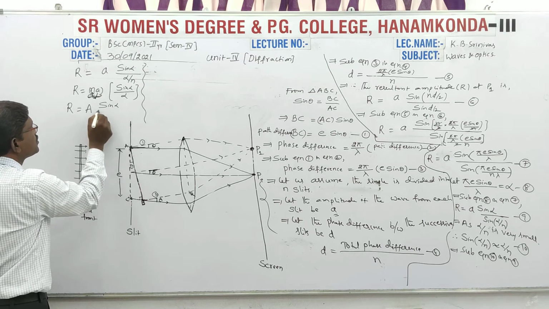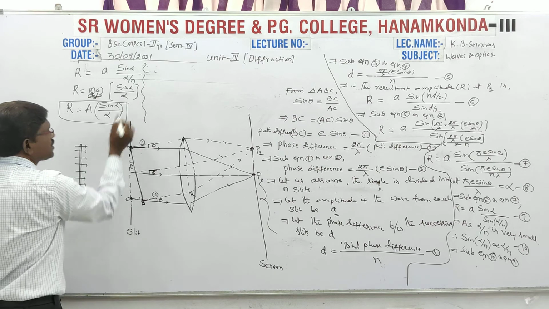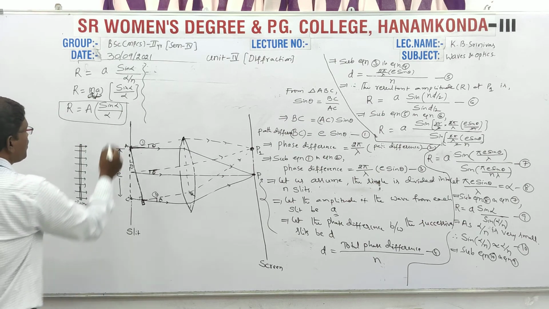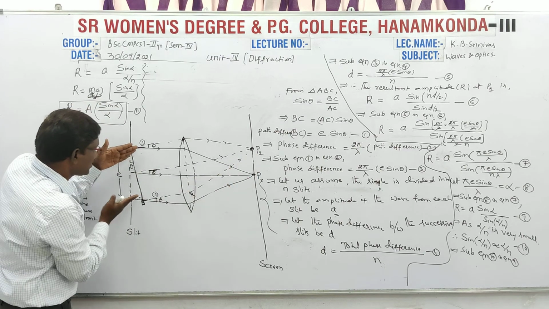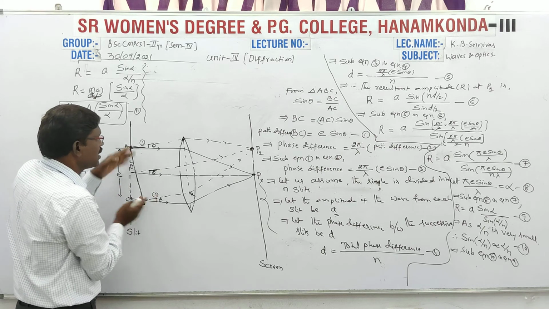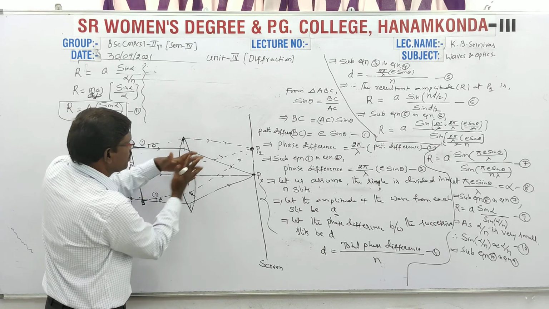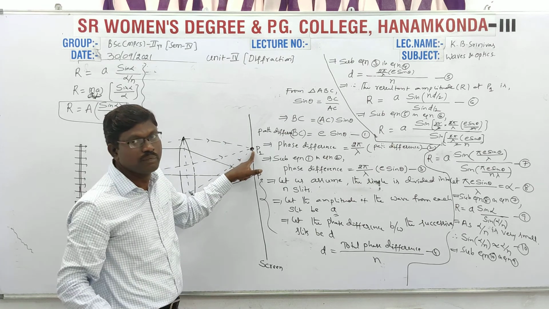So R is equal to A sin alpha whole divided by alpha. This is the final expression, the resultant amplitude at P1. These waves are diffracted rays due to this single slit. These diffracted rays superimpose on each other and form a diffraction fringe at P1.